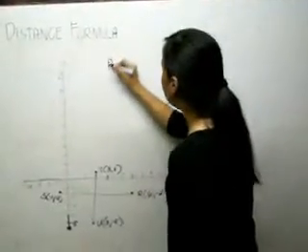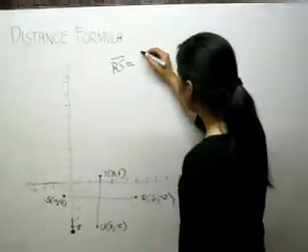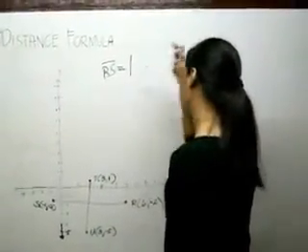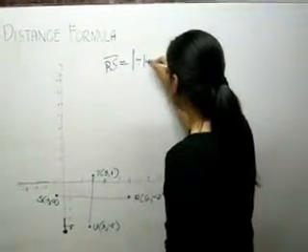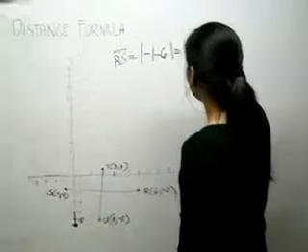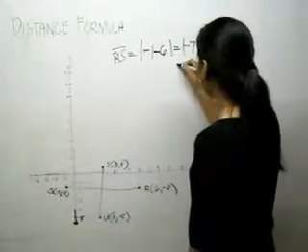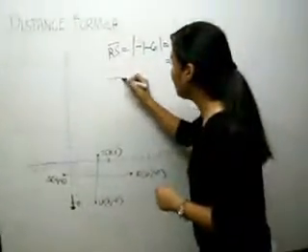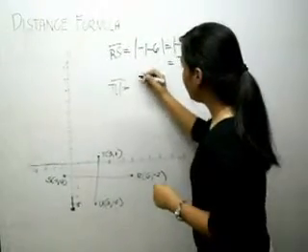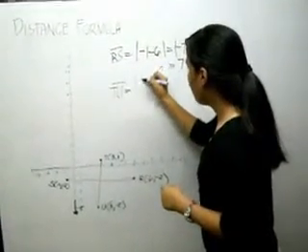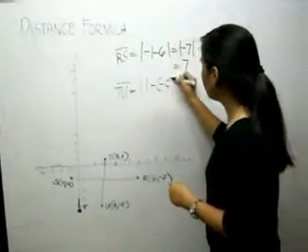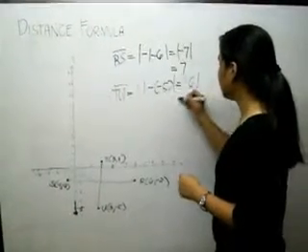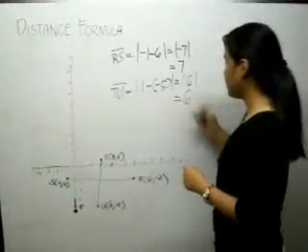For line segment RS, we substitute the value: negative 1 minus 6 is equal to the absolute value of negative 7, or positive 7. Now for the line segment TU, we have the absolute value of 1 minus negative 5, which equals the absolute value of 6, equals 6.